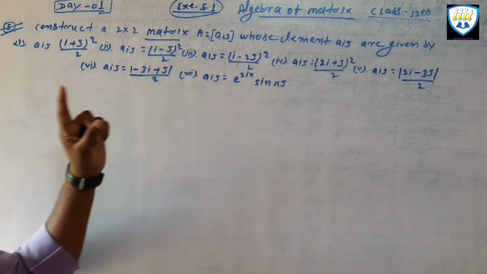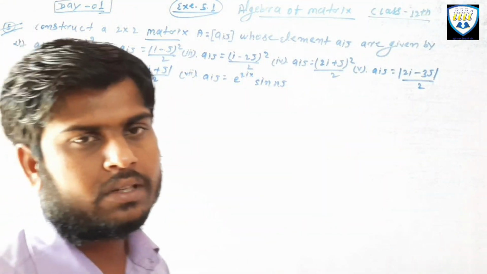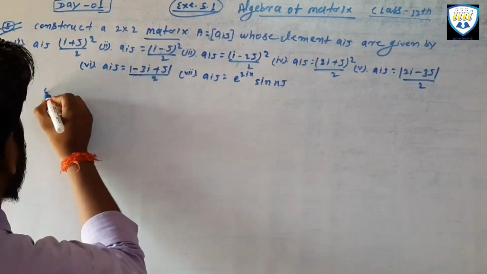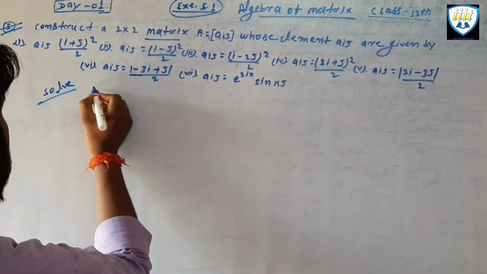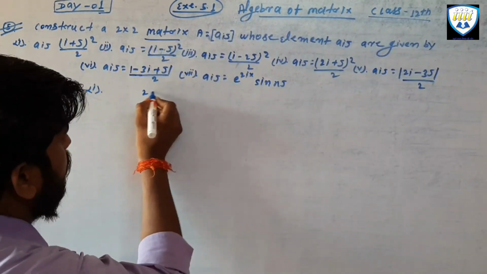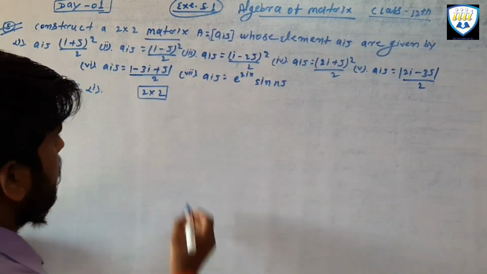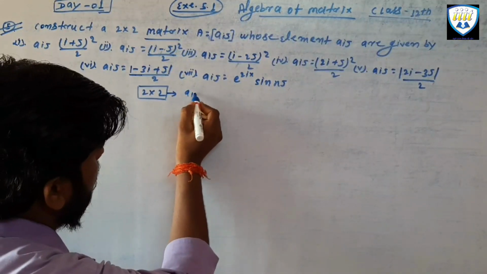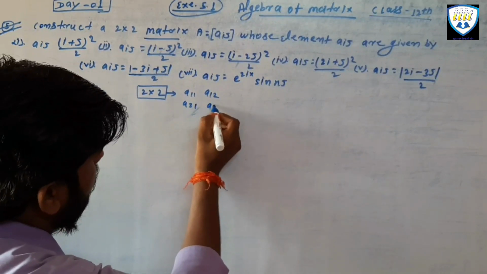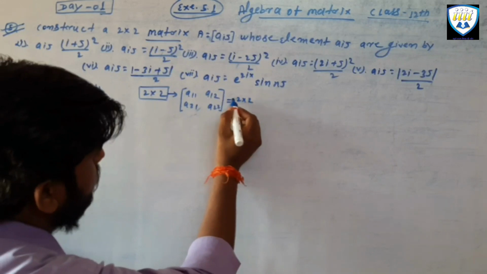Similarly, this method is the same as before for question 4. Number 1: a 2 into 2 matrix, of this order, 2 into 2: A11, A12, A21, A22. 2 into 2. Doubt?